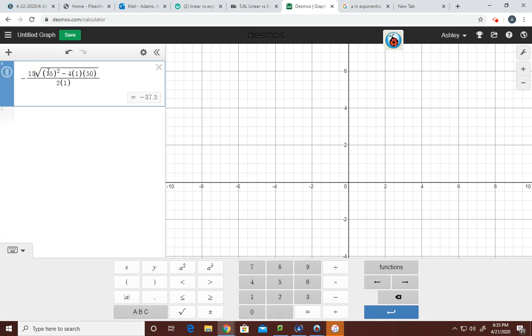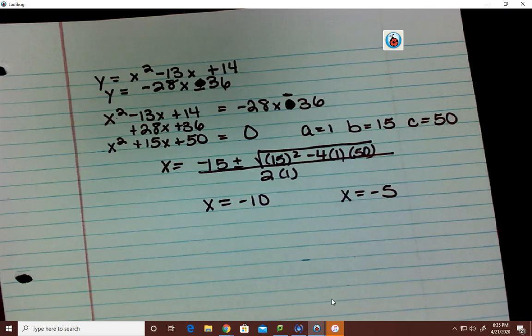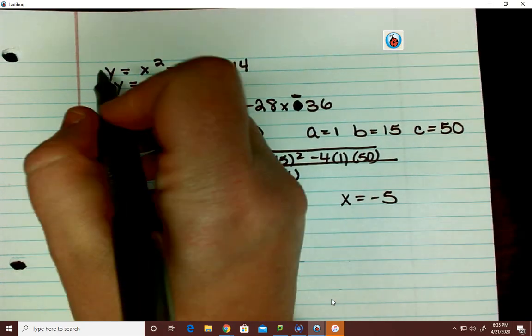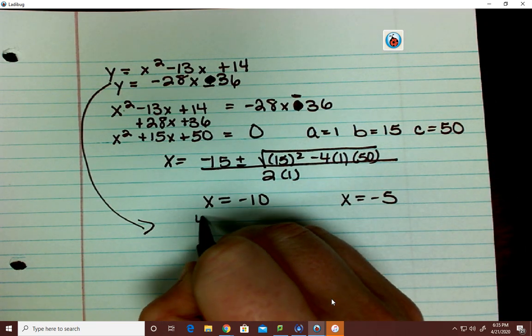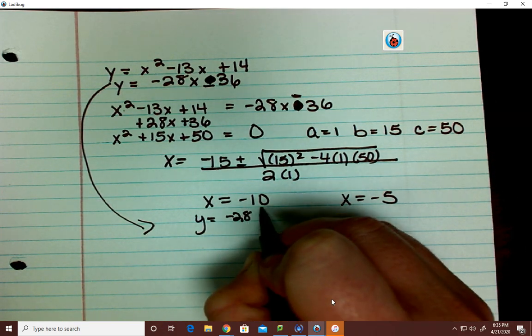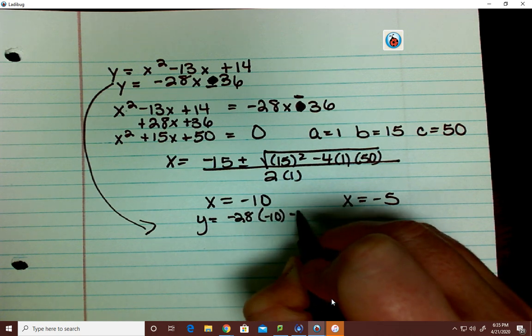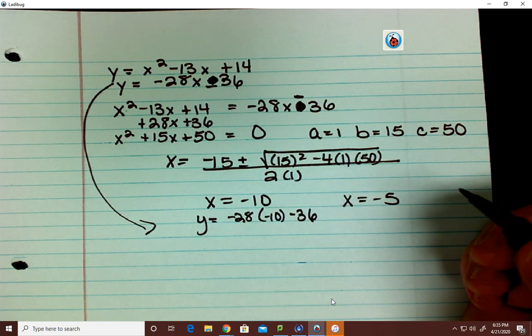Change that to a minus. We get negative 5. So then I plug in here. So y equals negative 28x, x is negative 10, minus 36. So we plug that in.